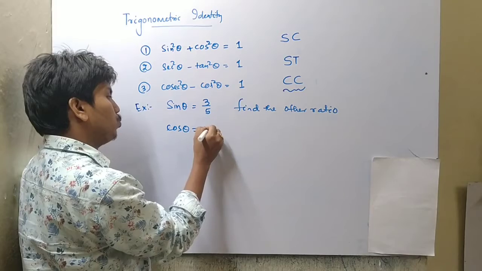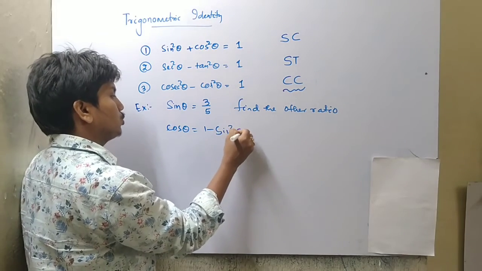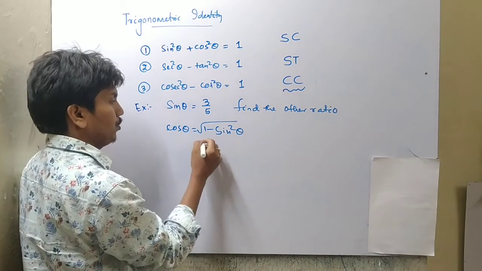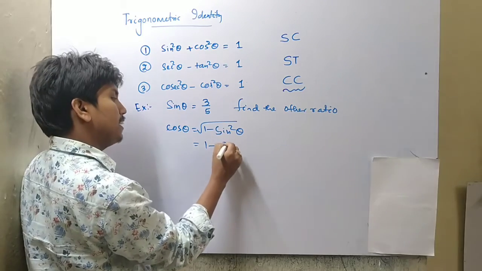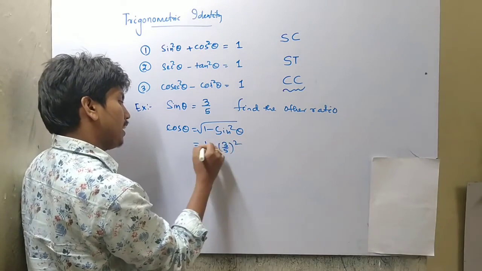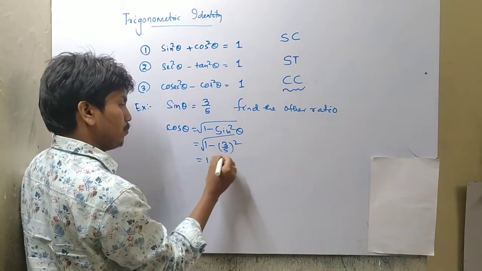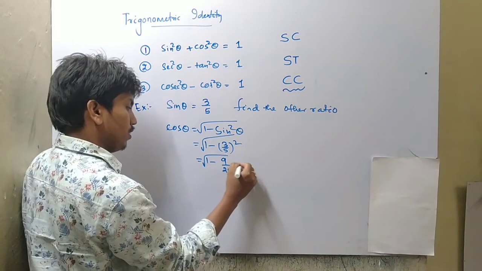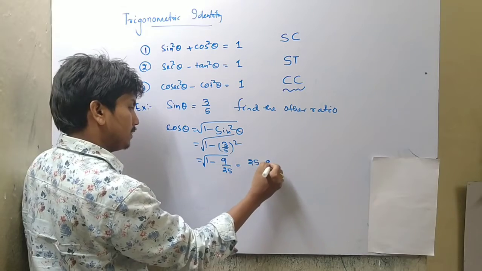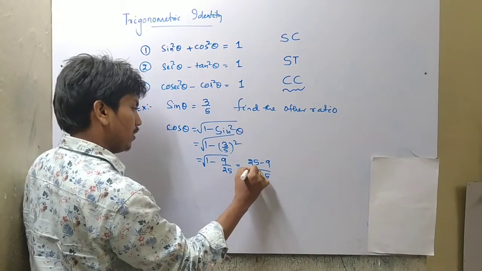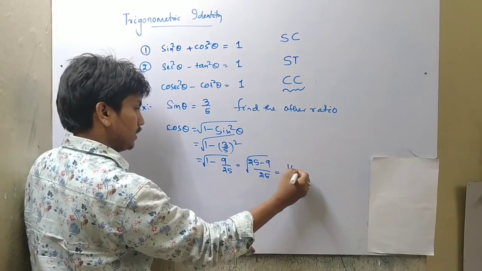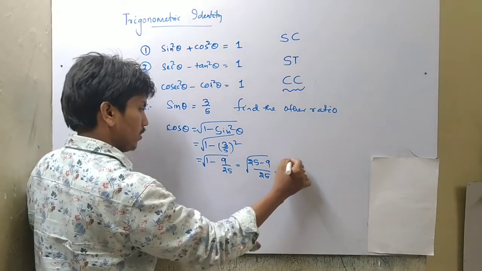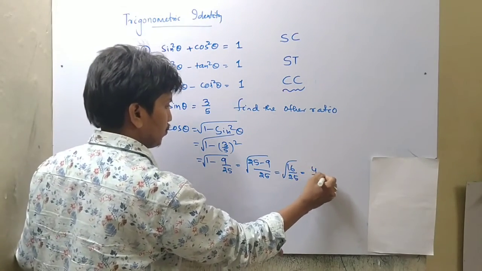Cos theta is equal to root over 1 minus sin square theta. So 1 minus 3 by 5 whole square, that is 25 minus 9 by 25, 16 by 25, so cos theta is 4 by 5.